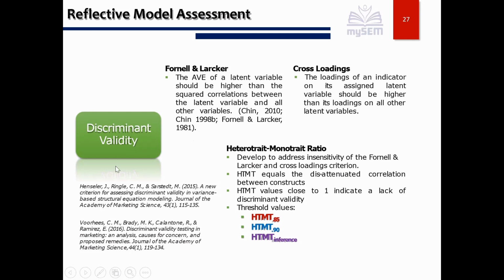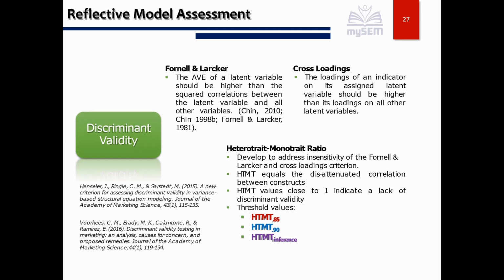HTMT ratio, two sources are there. Already I showed, one source is telling that if values are close to one, it indicates lack of discriminant validity. Now you can ask me what is discriminant validity, or what is the objective of discriminant validity.